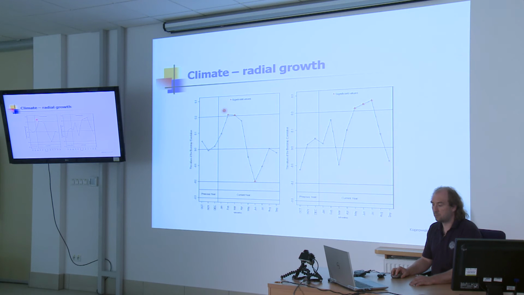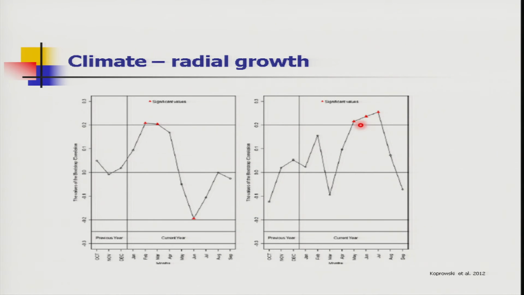So we know that crucial conditions for the growth of these pines are temperature at the end of the winter and the beginning of spring, and temperature and precipitation in the vegetation period, understood as a time span from May to July.